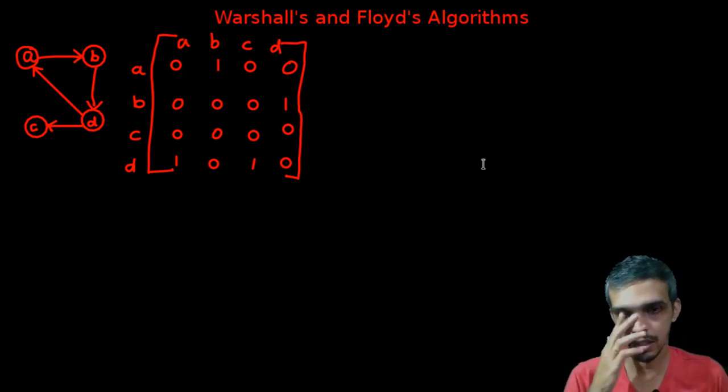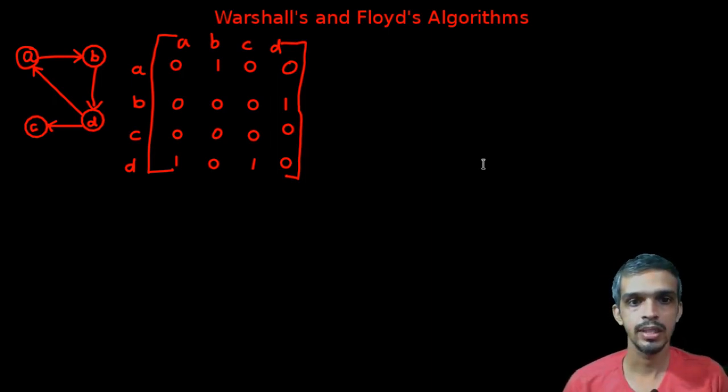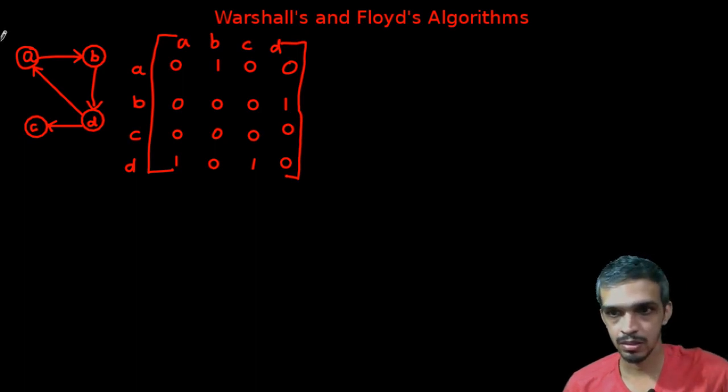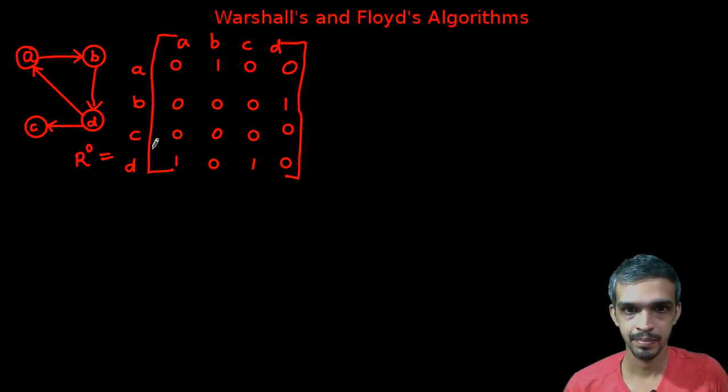Warshall's algorithm constructs the transitive closure through a series of n by n Boolean matrices, where n is the number of vertices. It is made by calculating a sequence of R0 to R of n minus 1. So this one is known as R0 to Rn minus 1, and R of 1 contains information about the path that can use the first vertex as the intermediate.